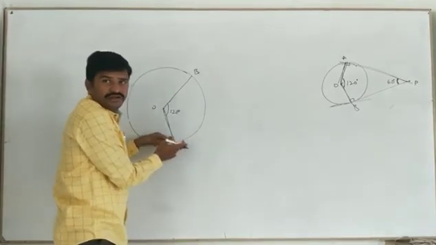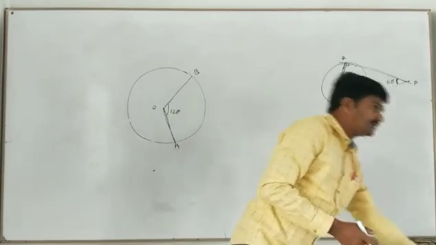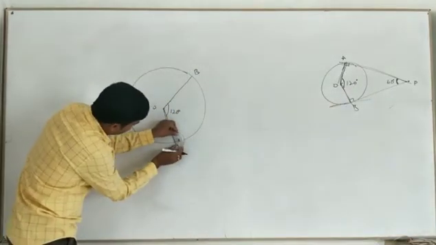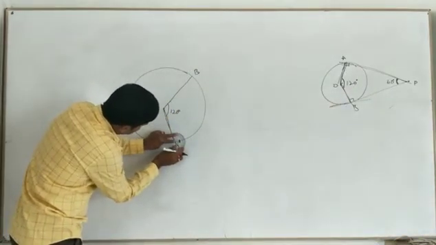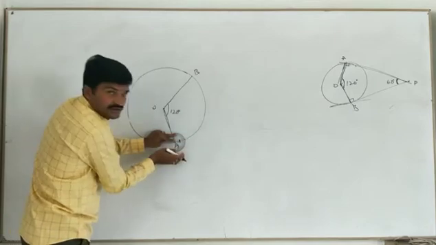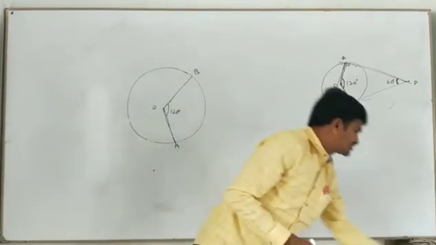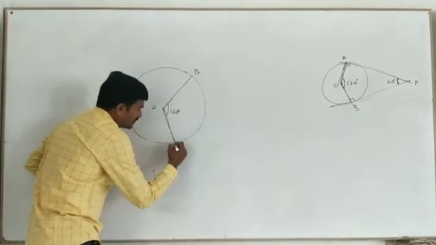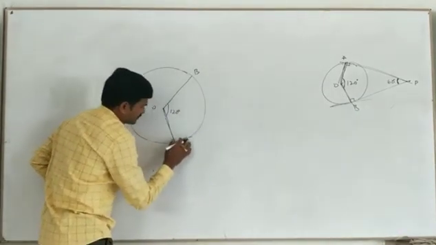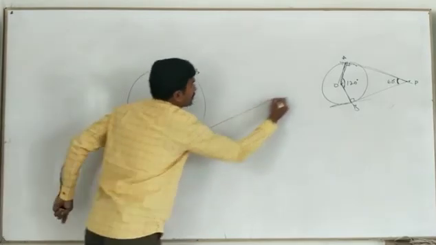So from here you can draw one 90 degrees angular ray. Do you know how to draw a 90 degrees angle? Very simple. Again keep the protractor on B exactly here. Where is 90? Somewhere like this point. Are you clear? And then take the scale and join like this. Extend.